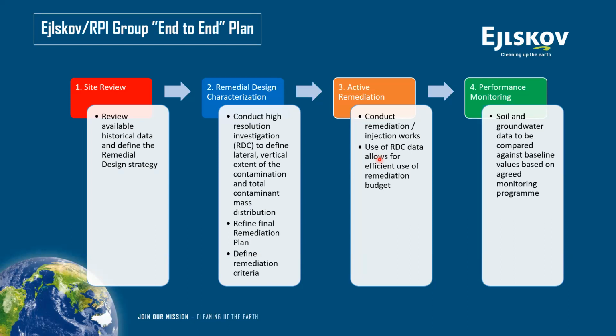Following the remediation, thanks to the support we have within the RPI group, we can provide the client with access to performance data, both on soil and groundwater, where we can get access to free analysis through our partners at RPI.